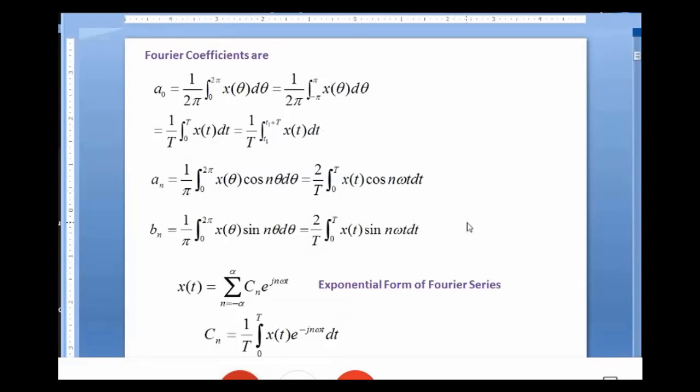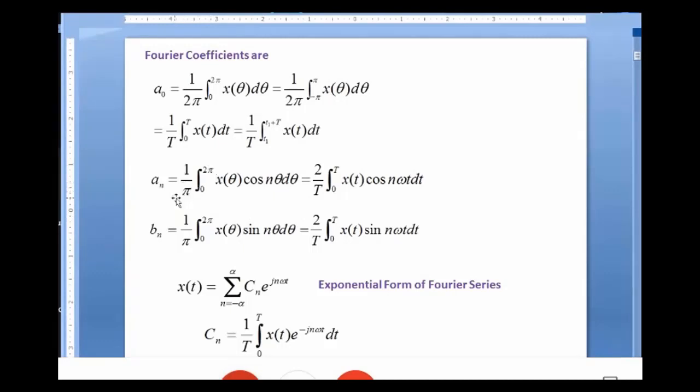Any more question? No, sir. So here I want to give you another clarification. If your cycle is up to pi, that means 0 to pi, then an will be what? Half of that cycle, isn't it?